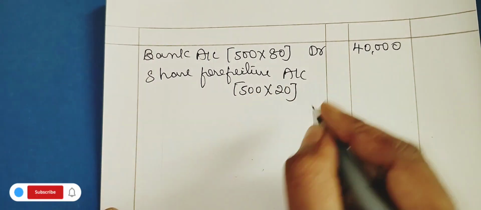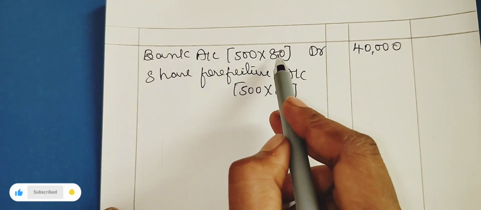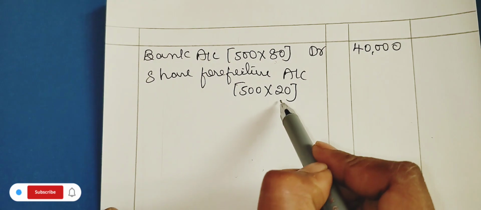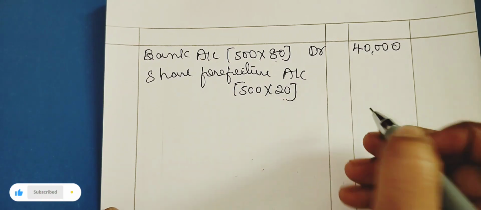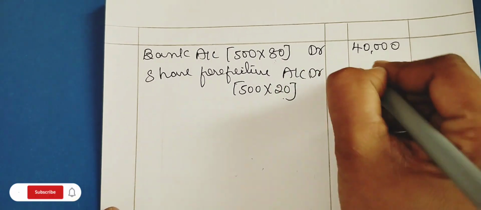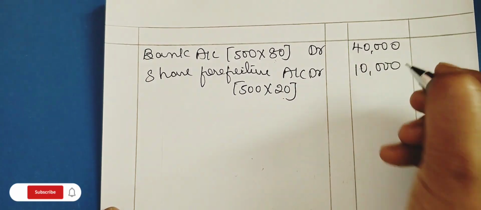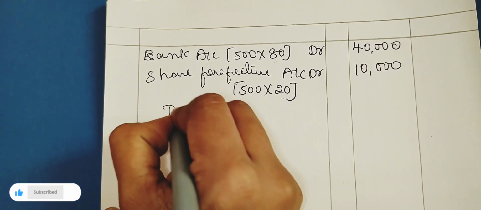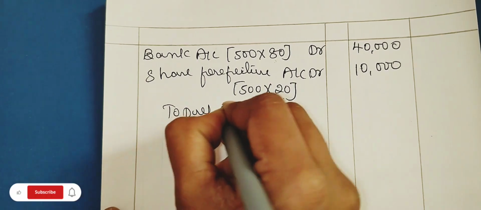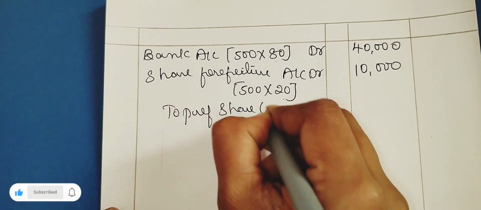Why 20? In 100 face value, if you minus 80 reissue value, you will get 20. That is 500 into 20, 10,000, to preference share capital account.